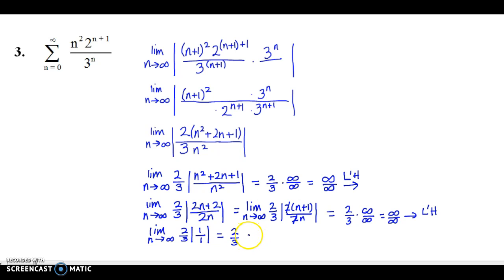There's no n's left, so I don't have to do any substitution, and since 2/3 is less than 1, that tells us that this series converges by the ratio test.